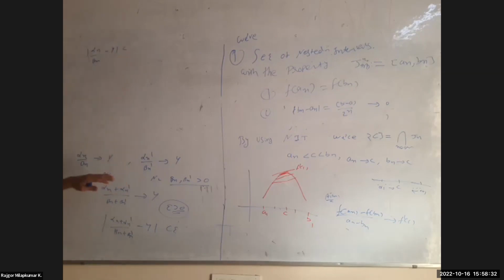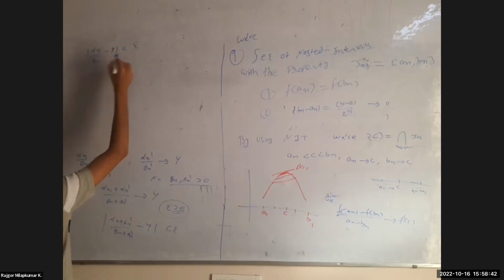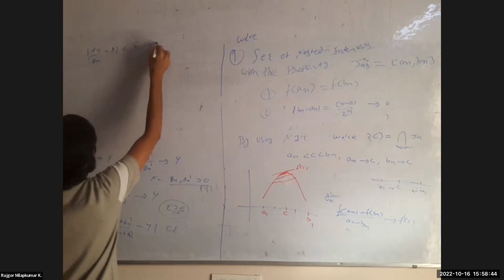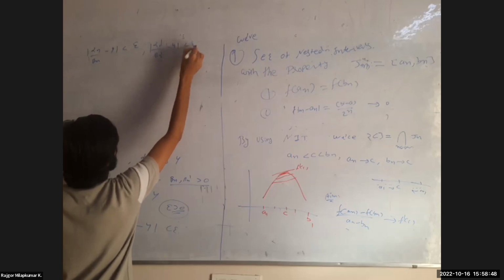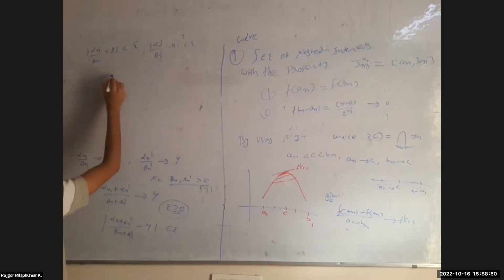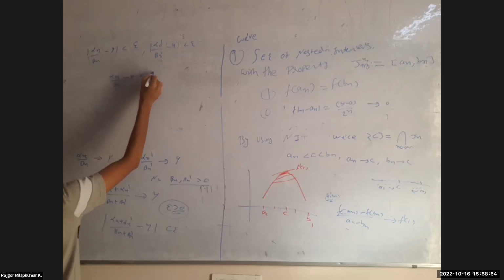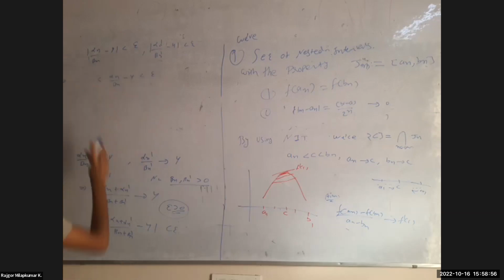Why I am doing this, you will see afterwards. So this will be less than epsilon, and also alpha n dash by beta n dash minus gamma is less than epsilon.